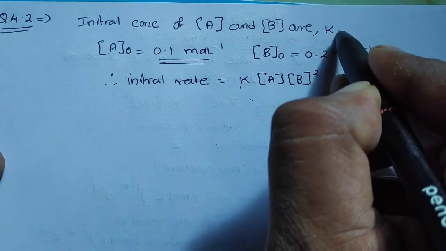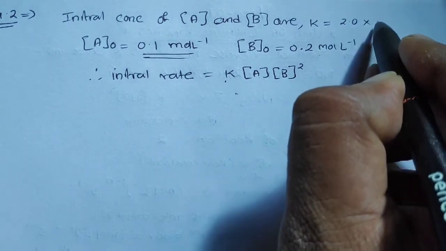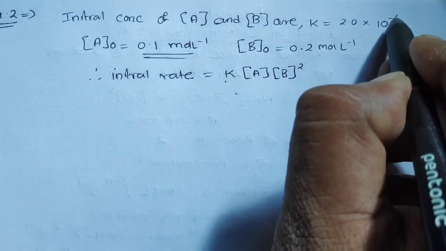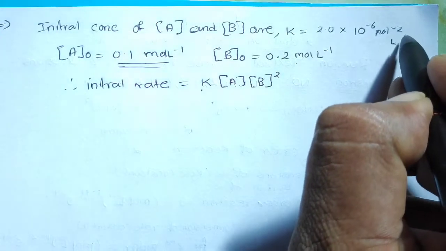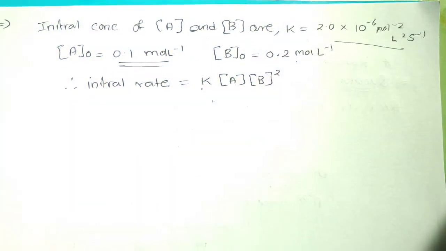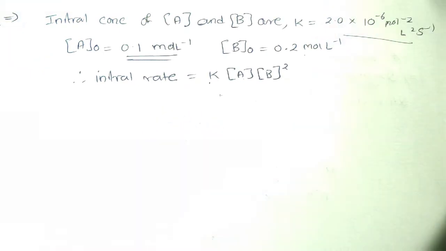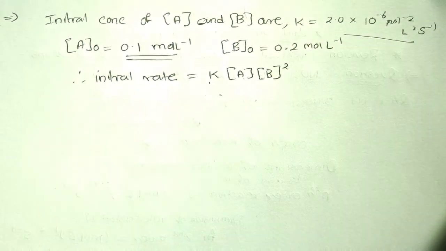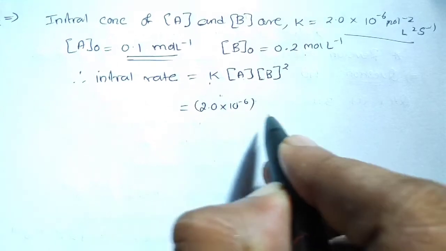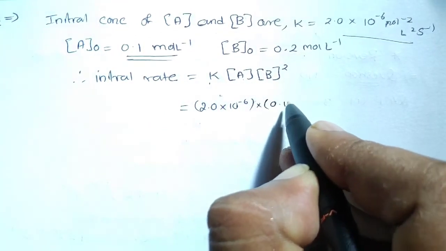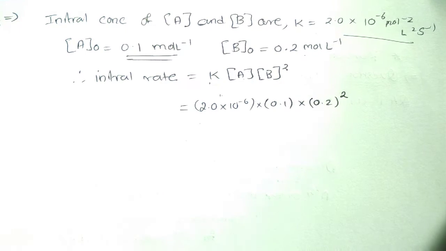K was equal to 2.0 × 10⁻⁶ mol⁻² L² s⁻¹. This was the value of K, so I will substitute it here. So the rate is equal to 2.0 × 10⁻⁶, the value of K, into the concentration of A, 0.1, into the concentration of B, 0.2, but since 2 is there, I write the square.